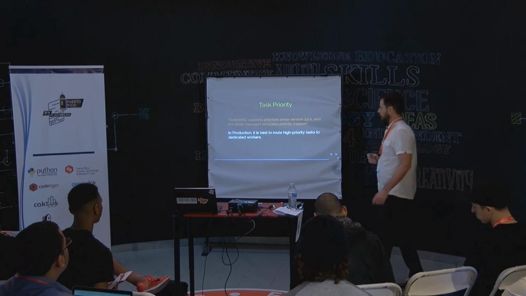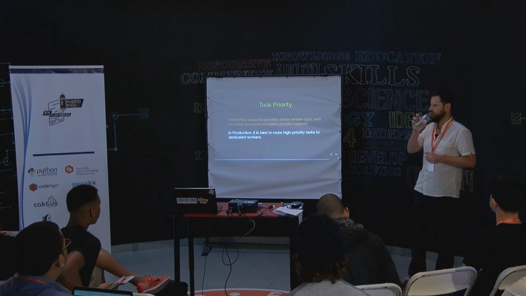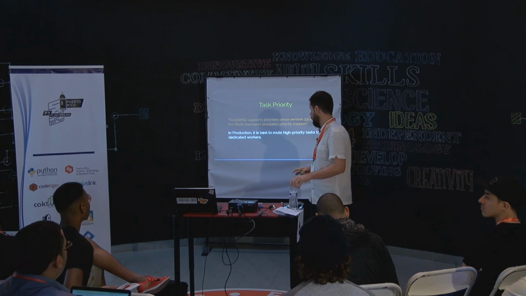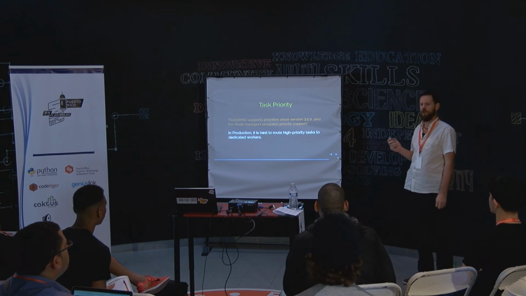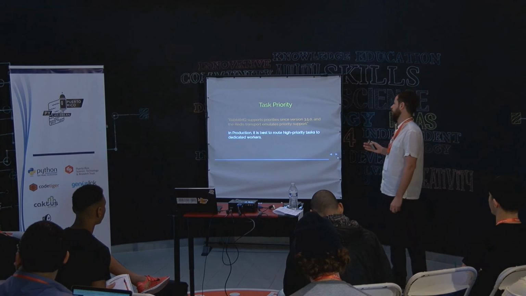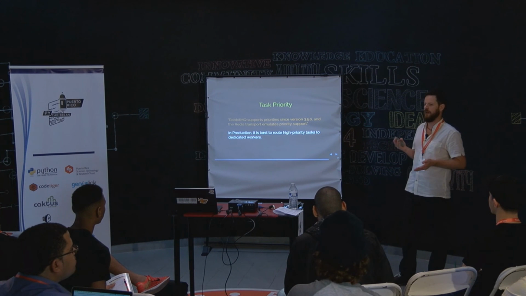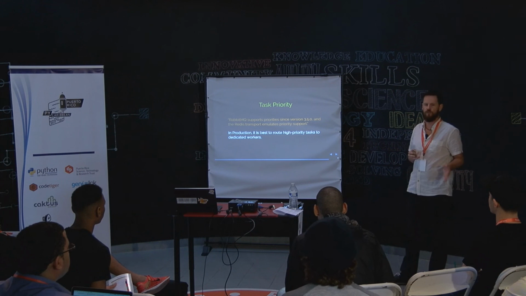Okay, a quick mention of task priority. RabbitMQ does natively support prioritization of tasks, but the best practice here really is, if you need to have some tasks that are prioritized more than others, to dedicate certain workers with the amount of resources that you need.